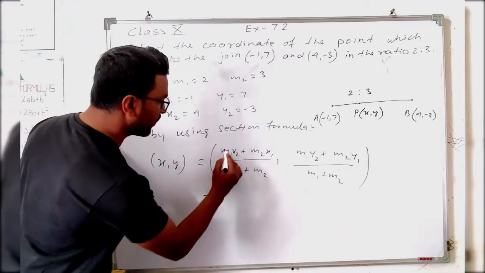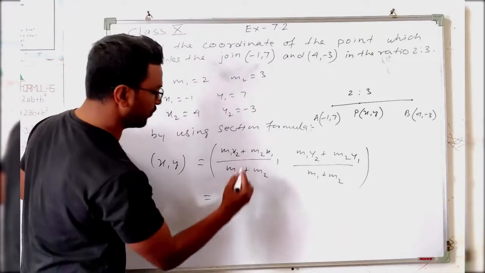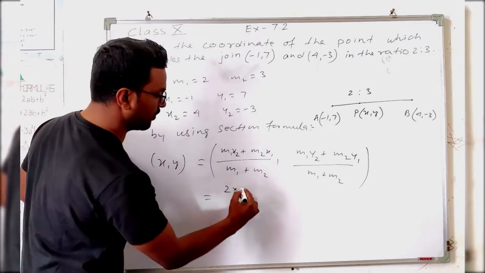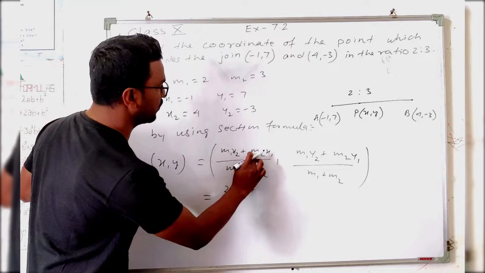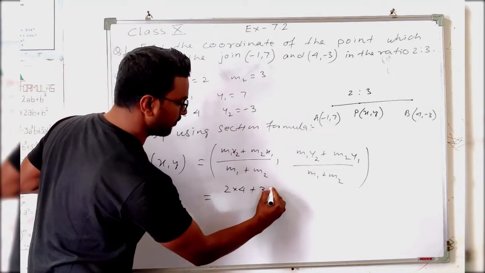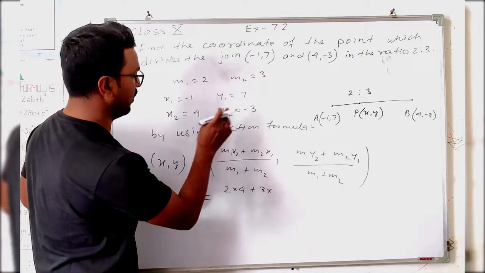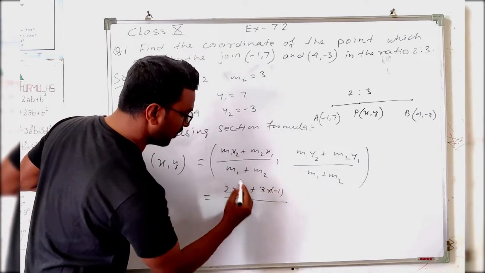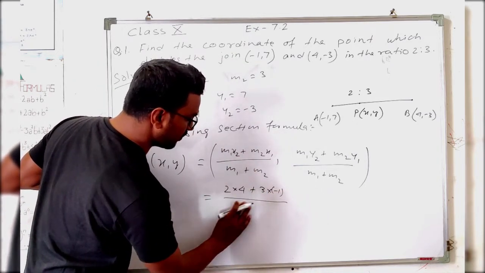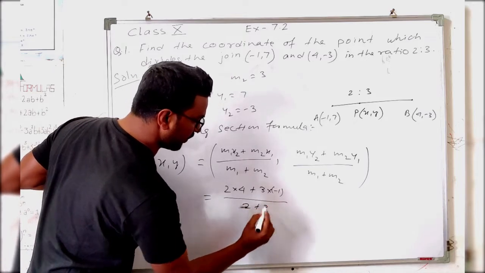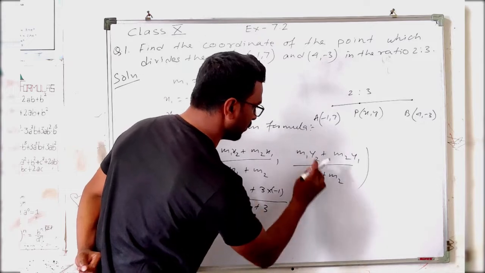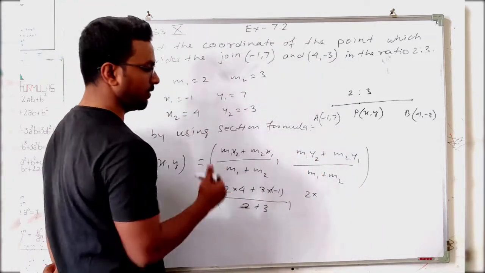So let's see. m1 is 2 into x2 which is 4, plus m2 which is 3 into x1 which is -1, divided by m1 plus m2, 2 plus 3. Similarly for y, m1 is 2 into y2. What is y2? -3.